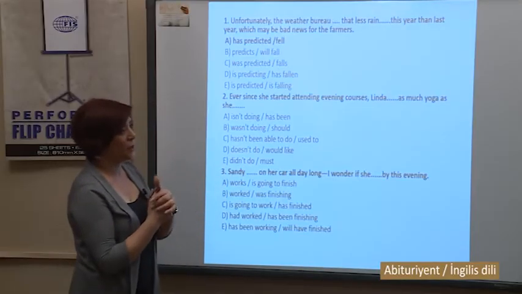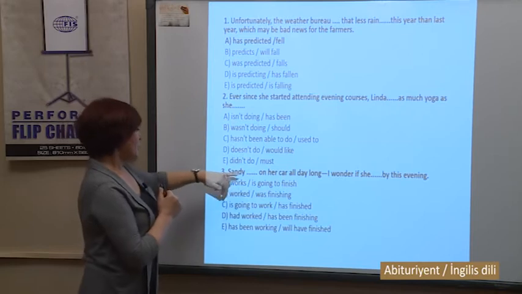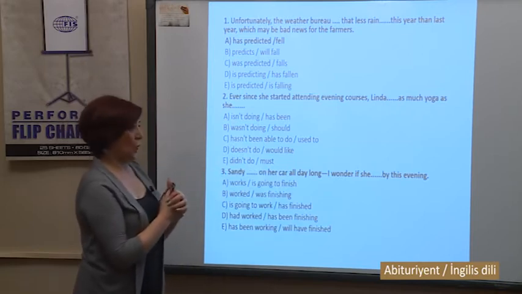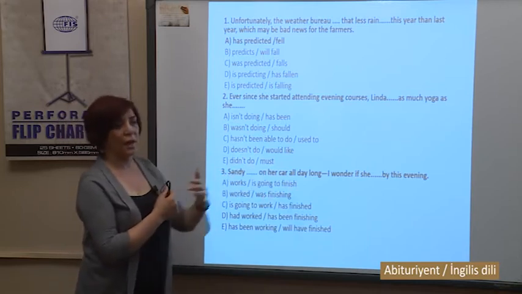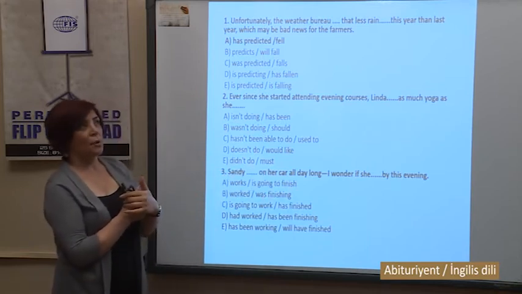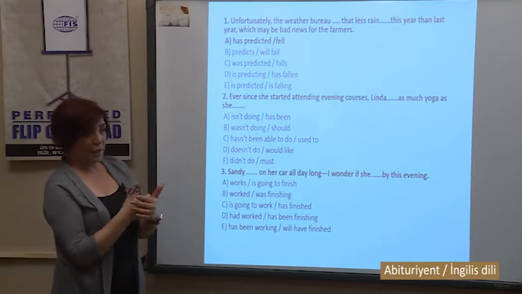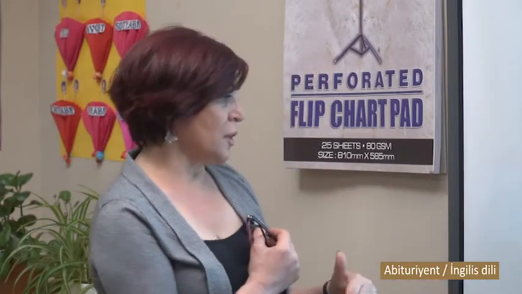I wonder, after wonder, because you are much more interested if something will finish or not. Now, Sandy on her car all day long. You know that for all day long we can use perfect continuous, though it has already finished, but its result is still seen. So which one to use?